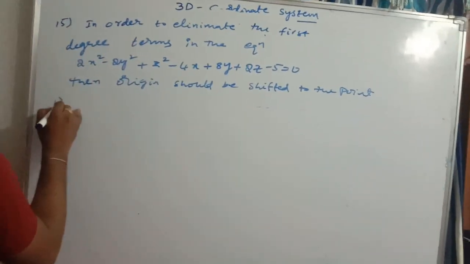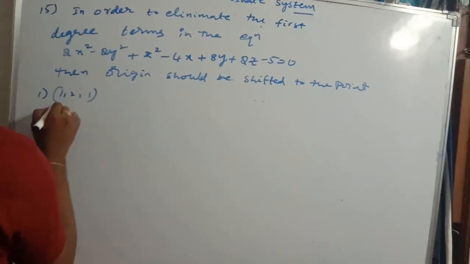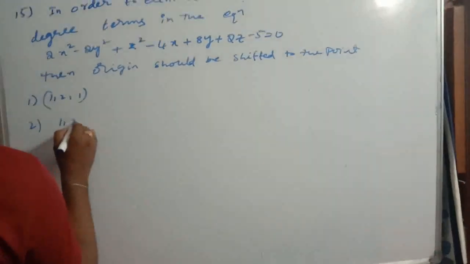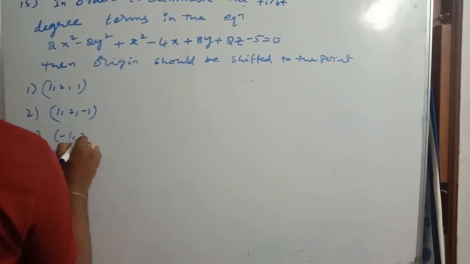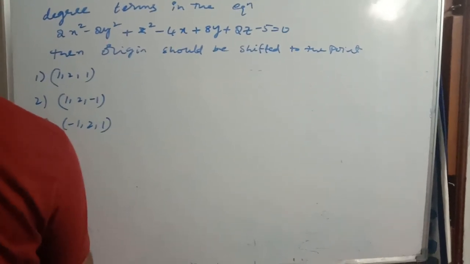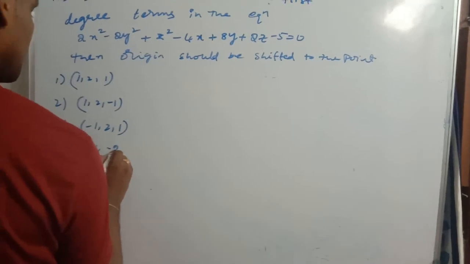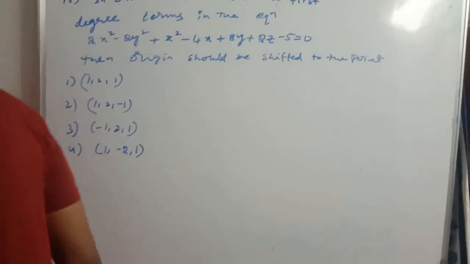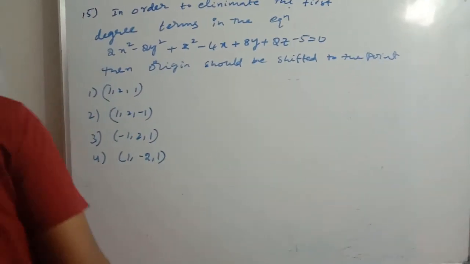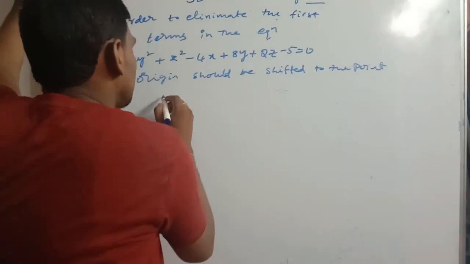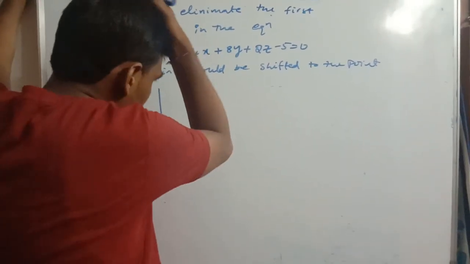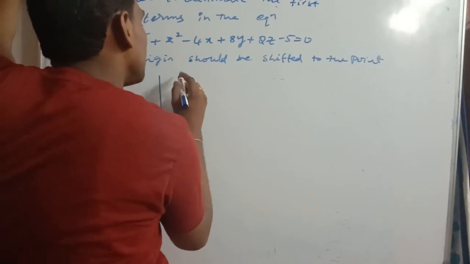Now here first option is 1 comma 2 comma 1, second option is 1 comma 2 comma minus 1, the third option is minus 1 comma 2 comma 1, and the fourth option is 1 comma minus 2 comma 1.